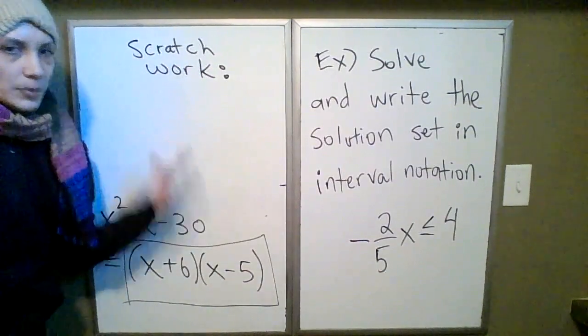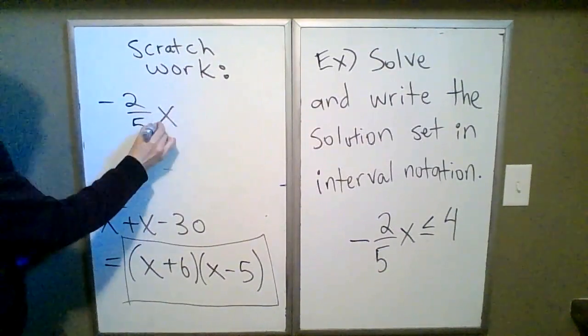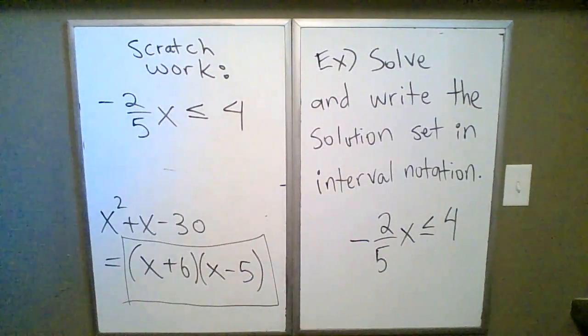Okay, let's just copy down the problem. Negative 2/5 x less than or equal to 4.